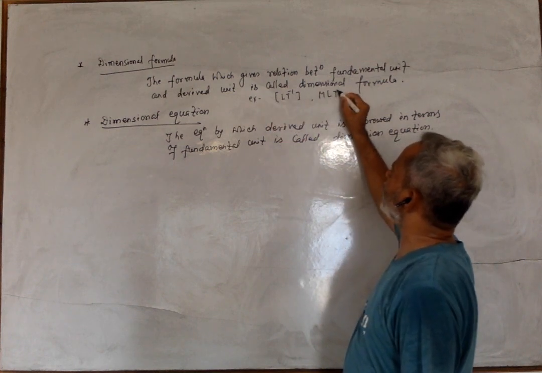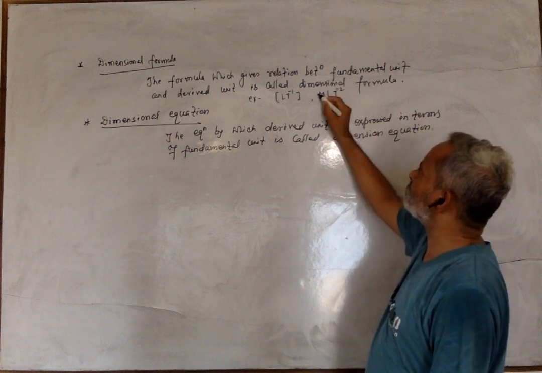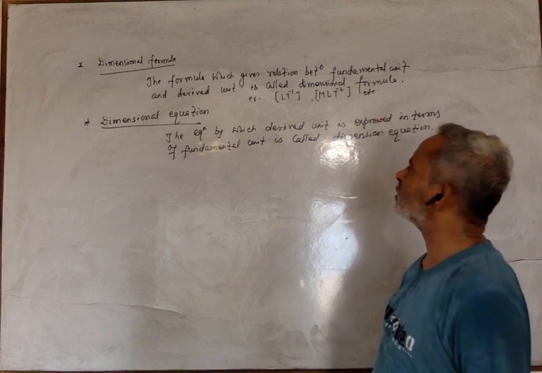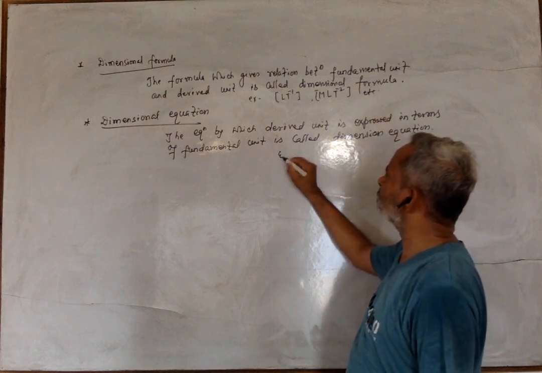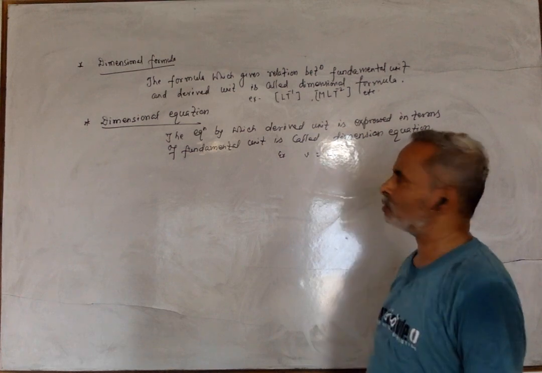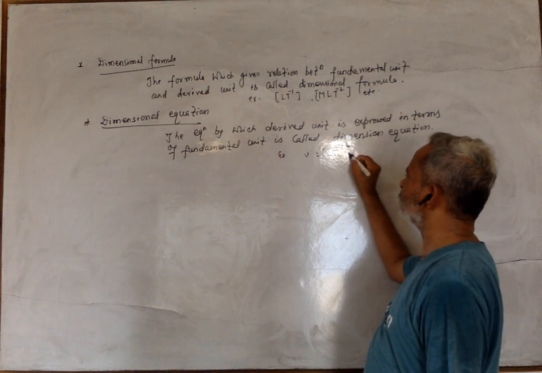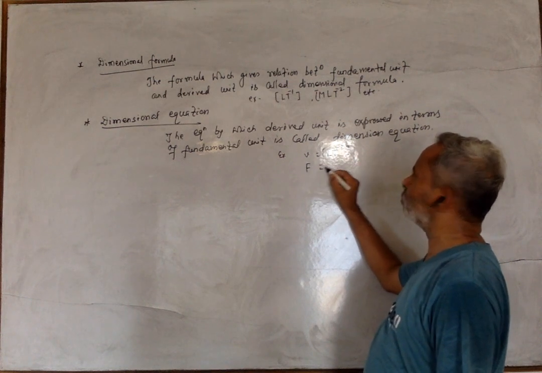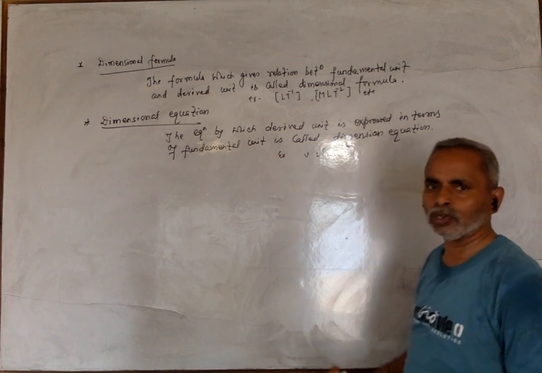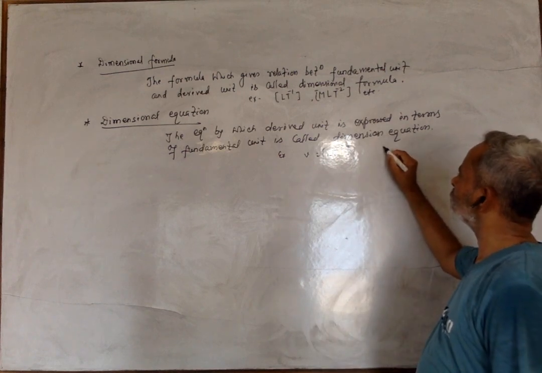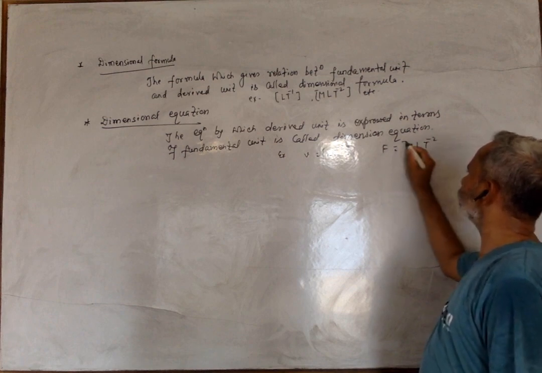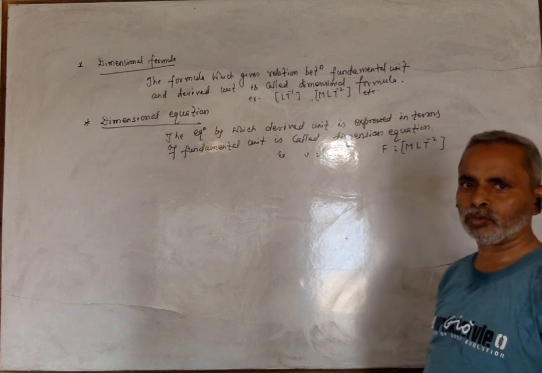MLT power minus 2 is the dimensional formula of force, etc. But if we express V equal to LT minus 1, then it is a dimensional equation. F equal to MLT minus 2, then it is a dimensional equation.